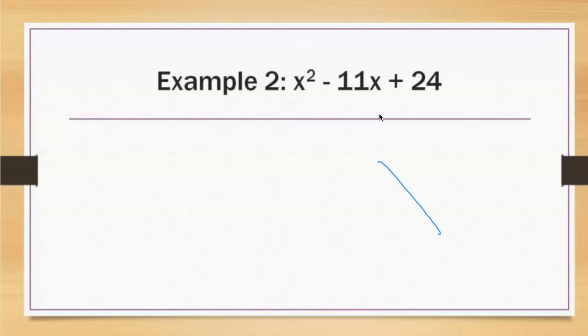Okay, x squared minus 11x plus 24. So again, positive 24, negative 11. So that's going to be negative 8 and negative 3.